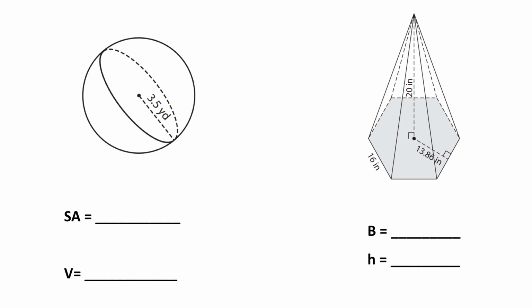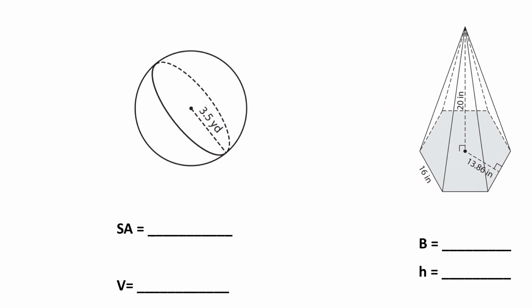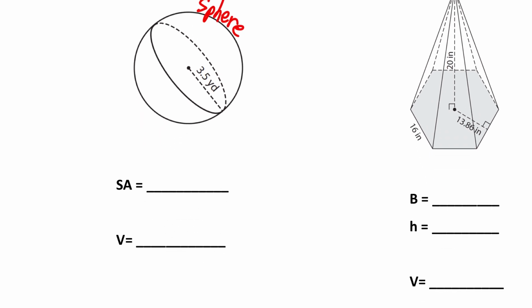All right, what's this thing? It's a sphere. So, I mean, this is super easy. It just gives us the radius, so there's not much to it. So for surface area, it's 4 pi r squared.